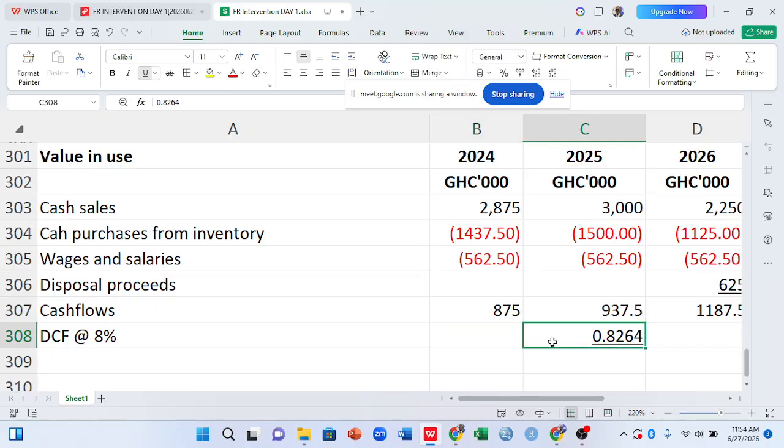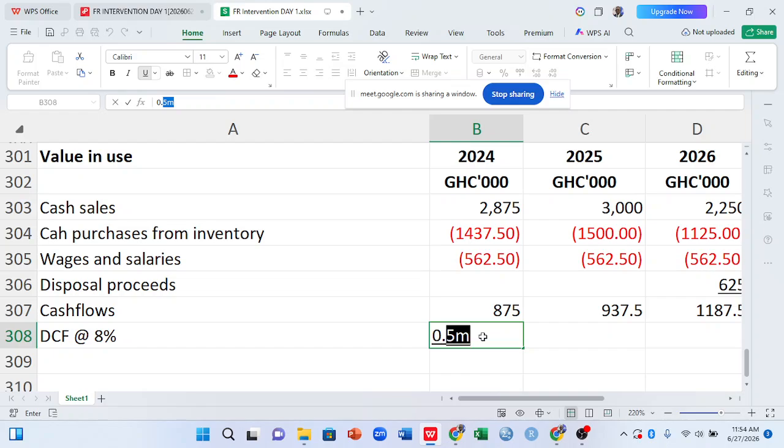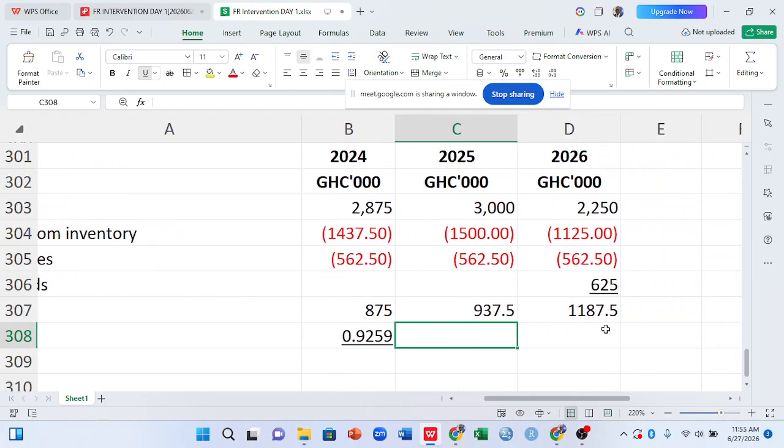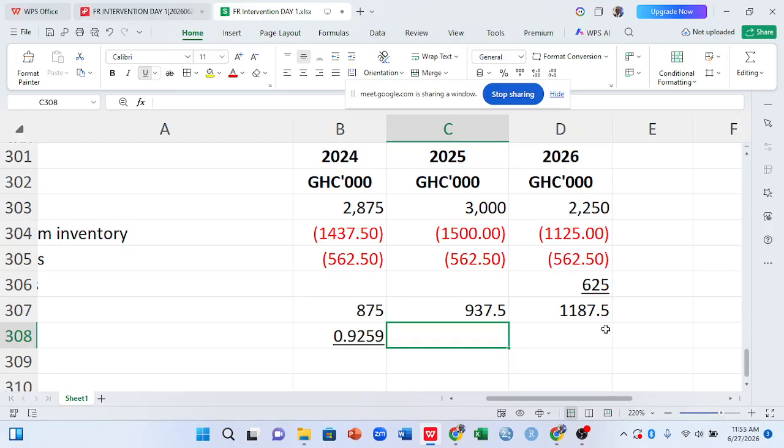Sorry, I'm giving you 10%. We are using 8%. So what's the answer? 0.9259. Next, 0.8573.